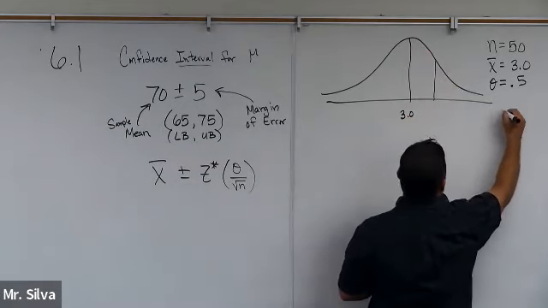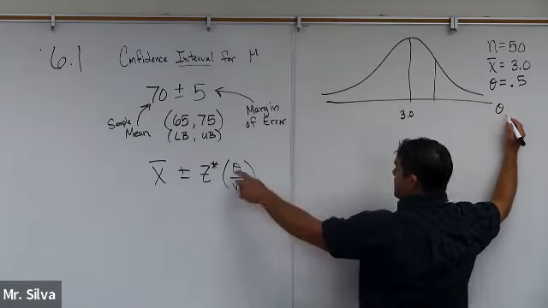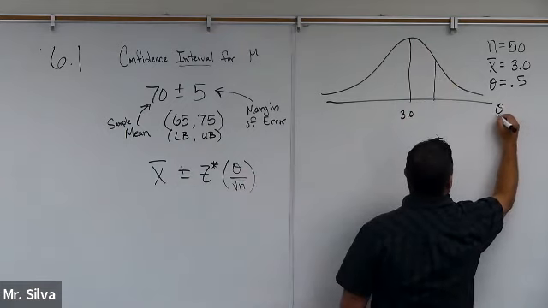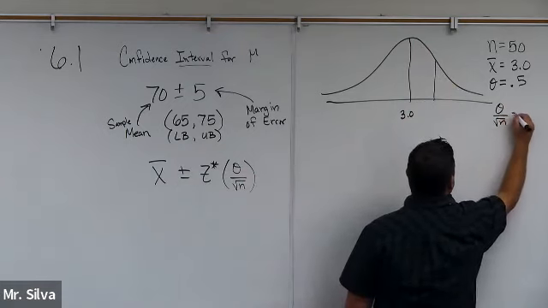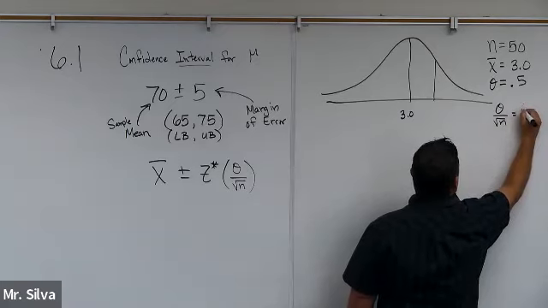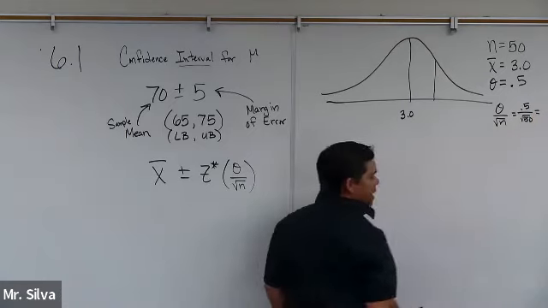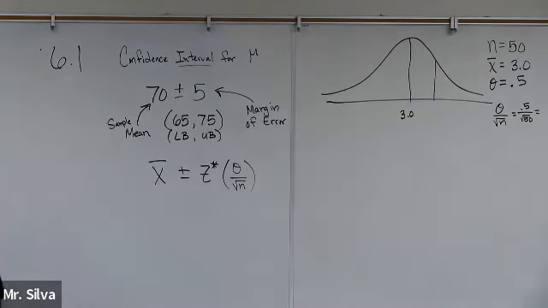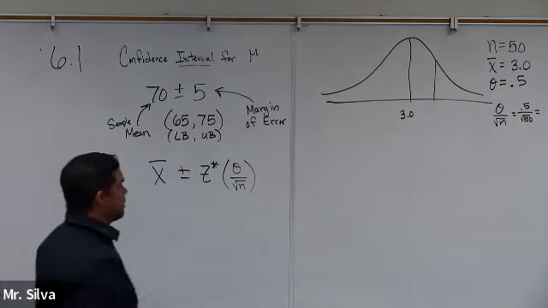I've got to calculate the standard deviation for the sample mean, this thing, standard deviation over square root of n, which we just did. 0.5 over square root of 30 was 0.091. Let's see what this one is. 0.5 divided by square root 50 is 0.071.